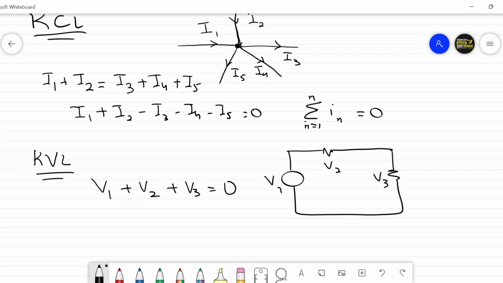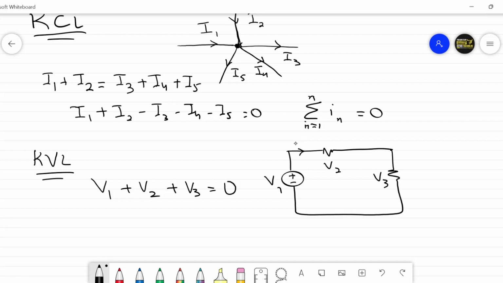If you have a number of elements in a circuit, they can be voltage sources, inductances, capacitances, or simply resistances. Kirchhoff's voltage law states that the algebraic sum of all the voltages around all the elements in a closed path, not an open path, will be equal to 0. If this circuit were open, then that voltage would not be equal to 0.